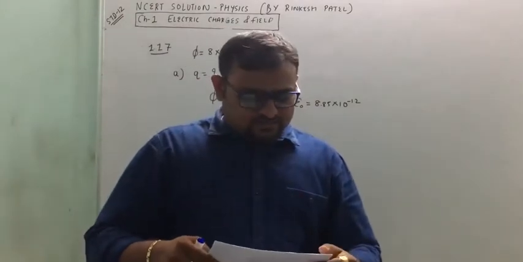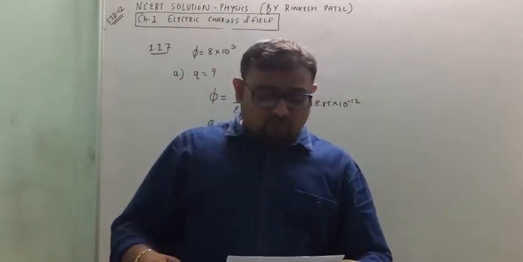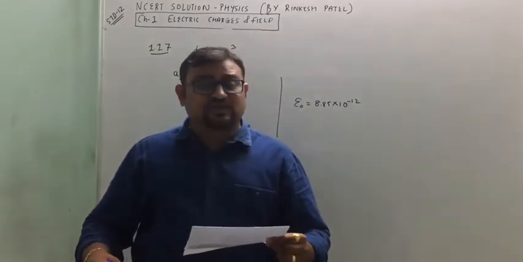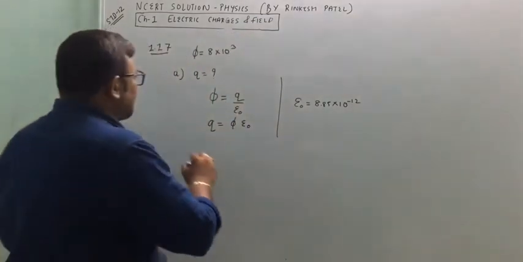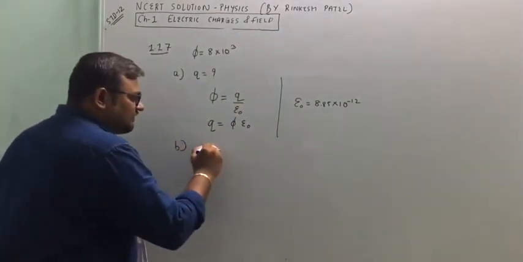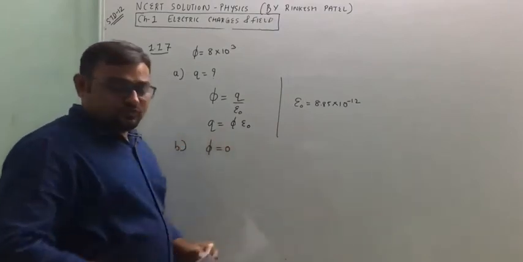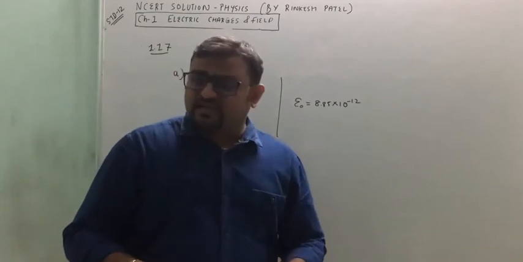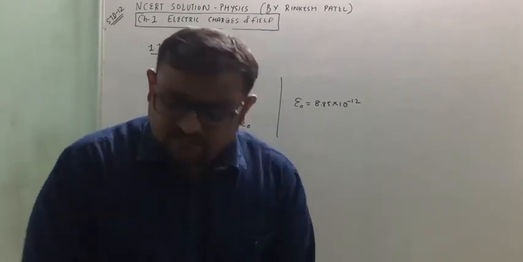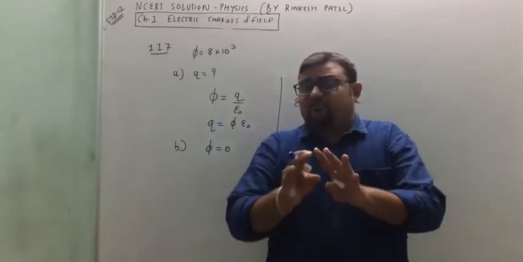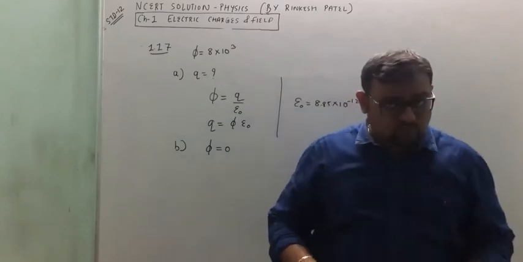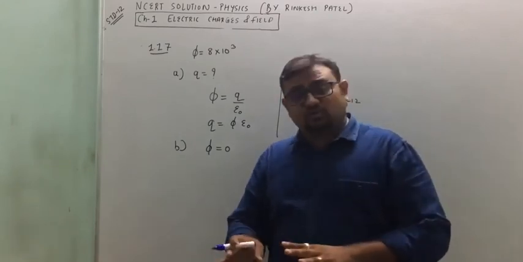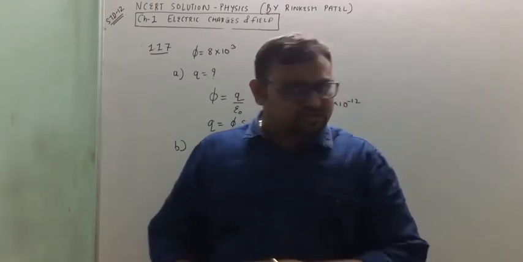Part B says: if the net outward flux through the surface of the box were 0, could you conclude that there are no charges inside the box? It means they are asking that if the flux coming out of the cube is 0, can we say that there are no charges?